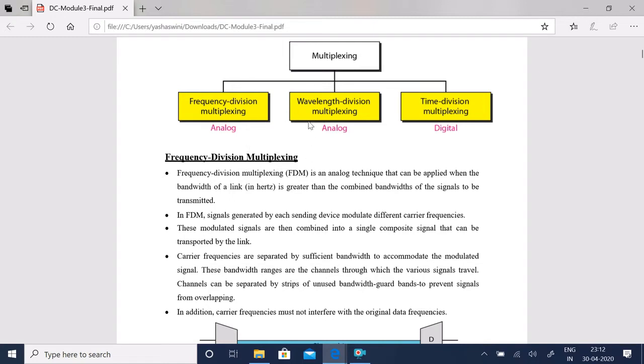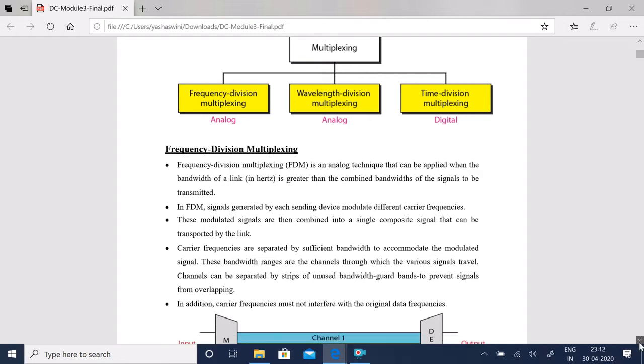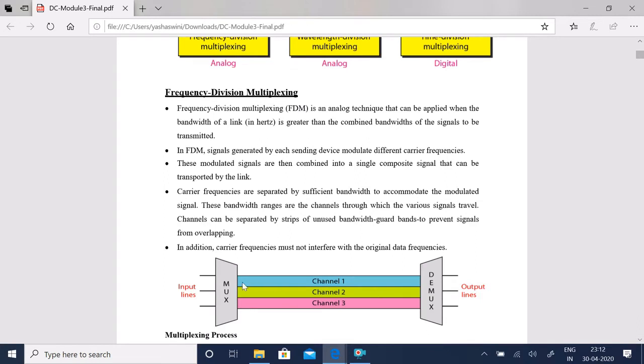FDM generates a signal by sending each device to its carrier frequency. This modulated signal will be combined into a single composite line with the help of the multiplexer. Here you can see the bandwidth of the link is divided into three channels.